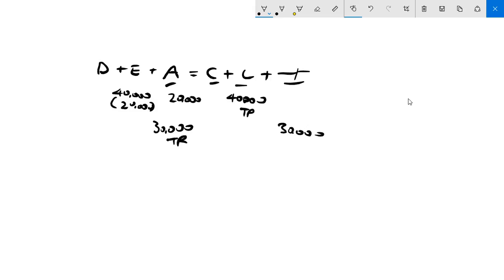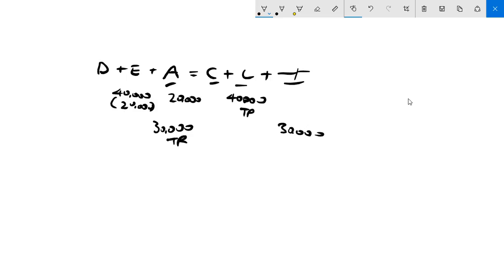Now, at the end of it, we work out profit, and so we would have this scenario where we have, sorry, a second. Let's just get rid of this.